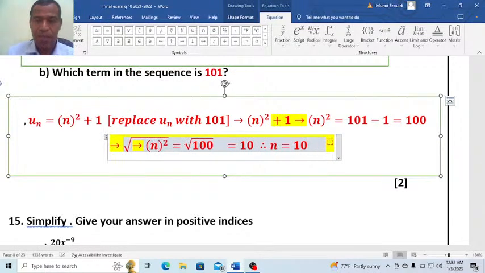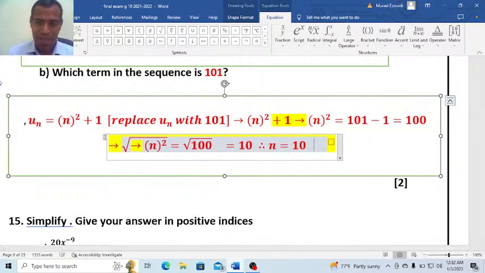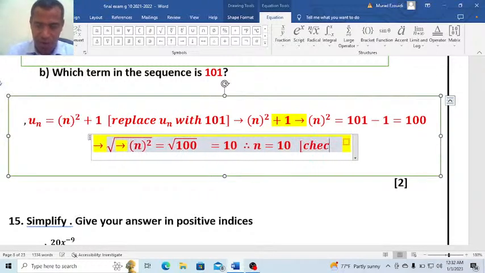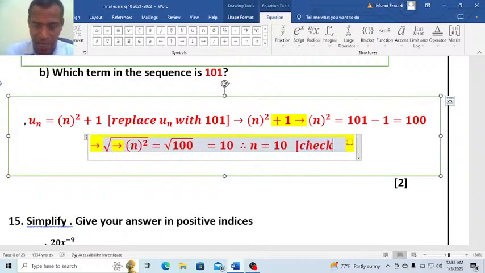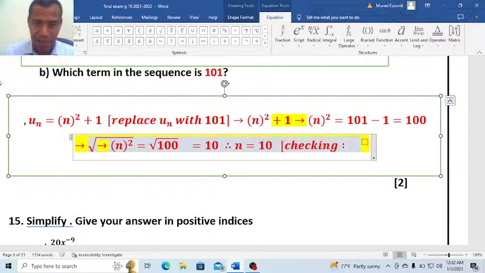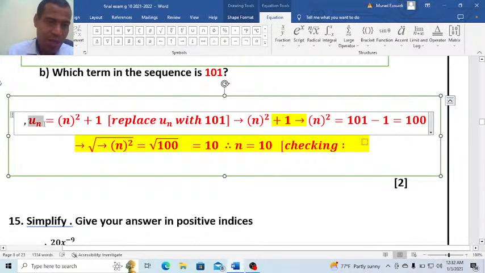If you want to check, just replace n in your original arithmetic sequence nth term, Un equal to n squared plus 1, by 10. I will just make a check, to reduce or exclude your doubts. Checking: U10 means you are going to replace n with the value 10 found.